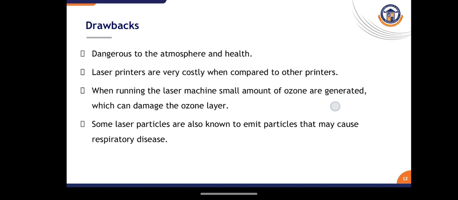Some lasers are also known to emit particles that may cause respiratory disease. These are the drawbacks of laser. So we should use it only in places where laser is required. Based on the application, the laser could be selected.